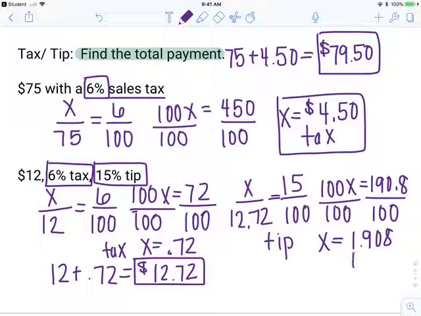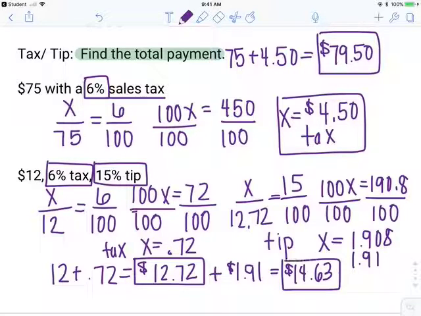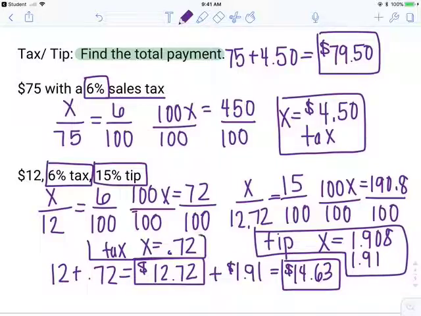Remember, I need to round, so I'm going to round that up to $1.91. I'm going to add that $1.91 onto my $12.72. So $12.72 plus $1.91, my total bill is $14.63. So there's a three-part answer here: tax, tip, and total bill. So lots of working parts.